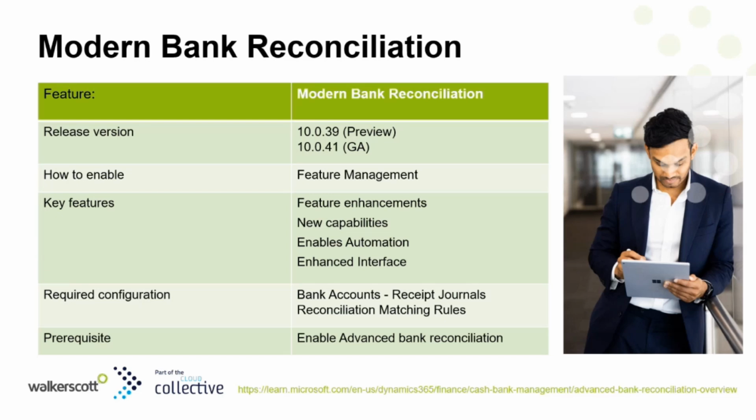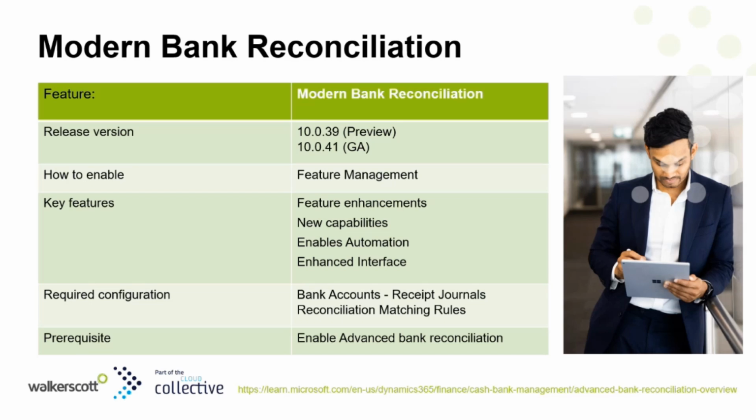Just like any other feature, we'll enable modern bank reconciliation via feature management. It was in preview from 10.0.39. It's available now. However, it's not in the best of its form. It's a good starting point where it is at the moment. It's usable.